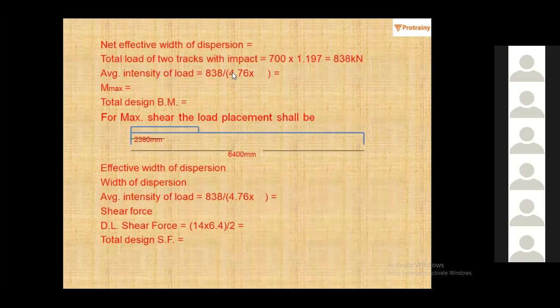So you have to find intensity. 838 upon 4.76 into 7.45 कितना आ रहा है? लोड इंटेंसिटी क्या आ रही है हमारी? 23.63 kilonewton per meter square.